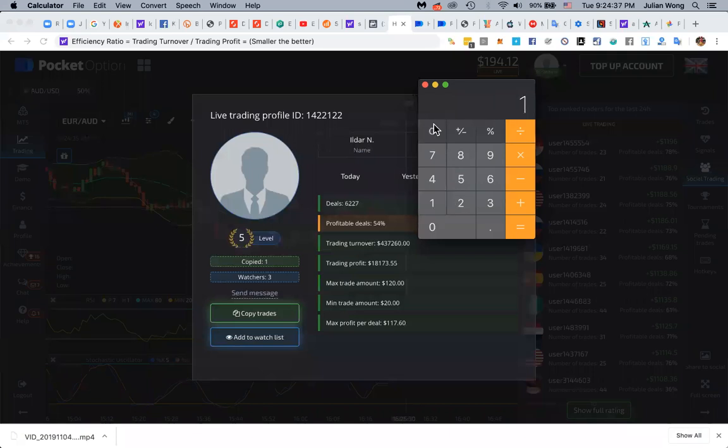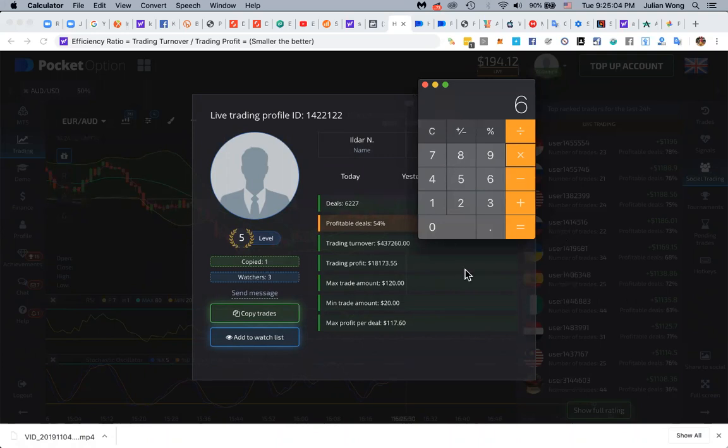We want to do a $1 trade instead of 20 times 100. So we're going to do a 5% copy. You get it? 5% copy. And what would be the biggest trade that we'll take? So 5% of 120, that's 6. Is that okay? I think it's quite okay.